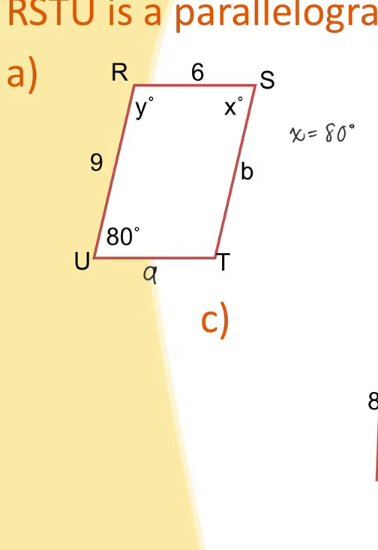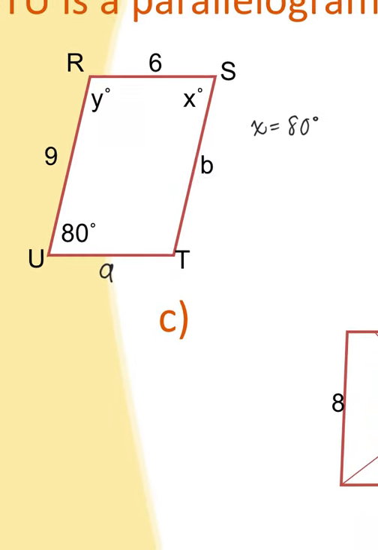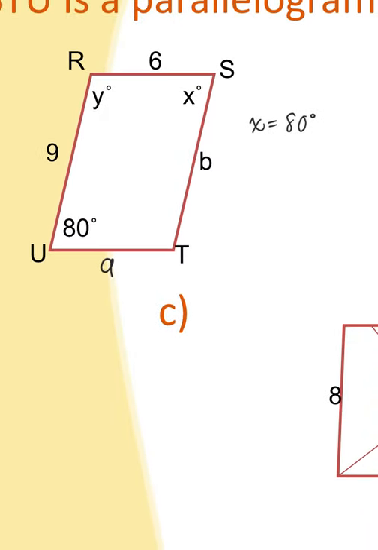If they're across from each other, they're equal. If they're next to each other, it's that third theorem. If two angles are next to each other in a parallelogram, so y is next to x, they add together to give you 180 degrees. So y plus x equals 180. We know that x is 80, so y plus 80 equals 180. We subtract 80 from both sides and get y equals 100.